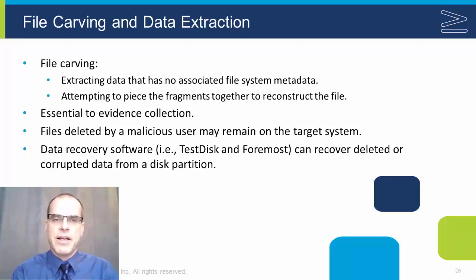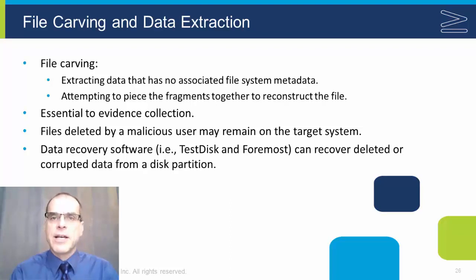When you're analyzing a file system, of course, the files that are visible in the file system can easily be analyzed, but often we'll find that many times the file systems that we're analyzing will have deleted files, perhaps deleted partitions, or even fragments of files that may be able to be recovered from other areas of the disk.